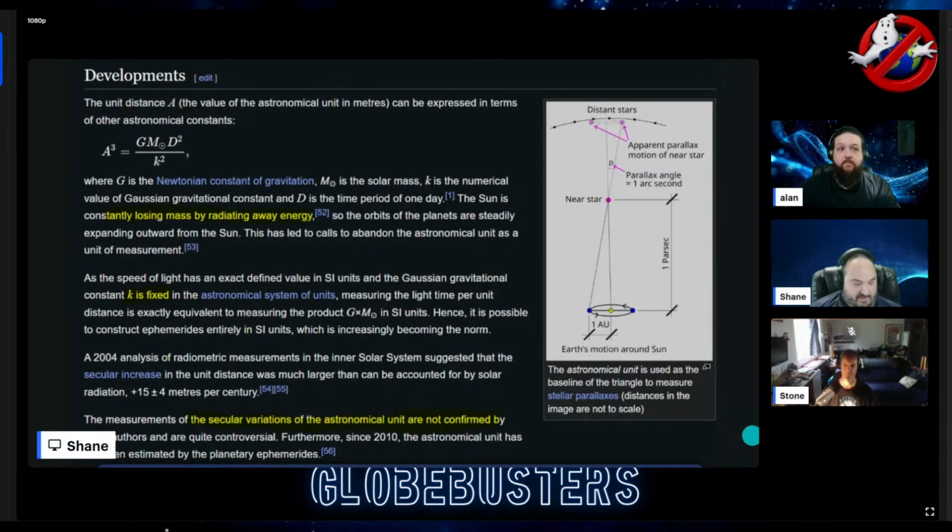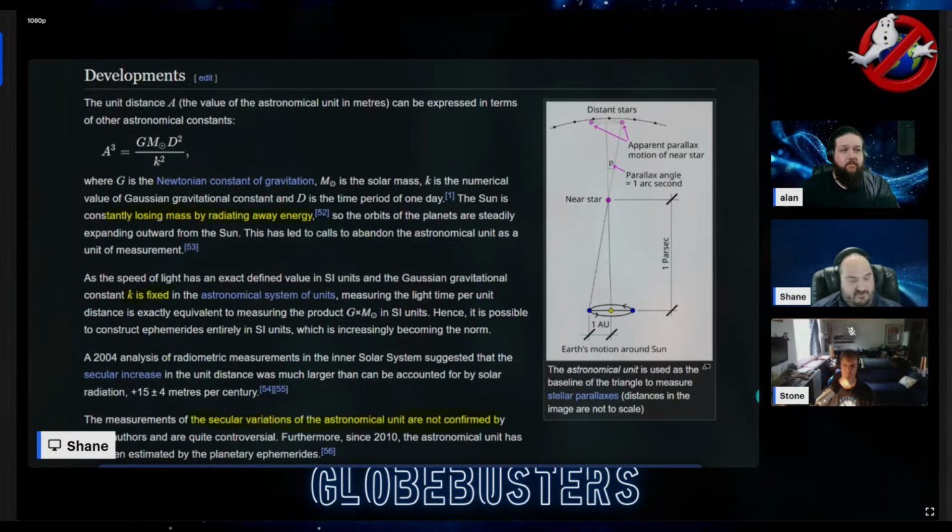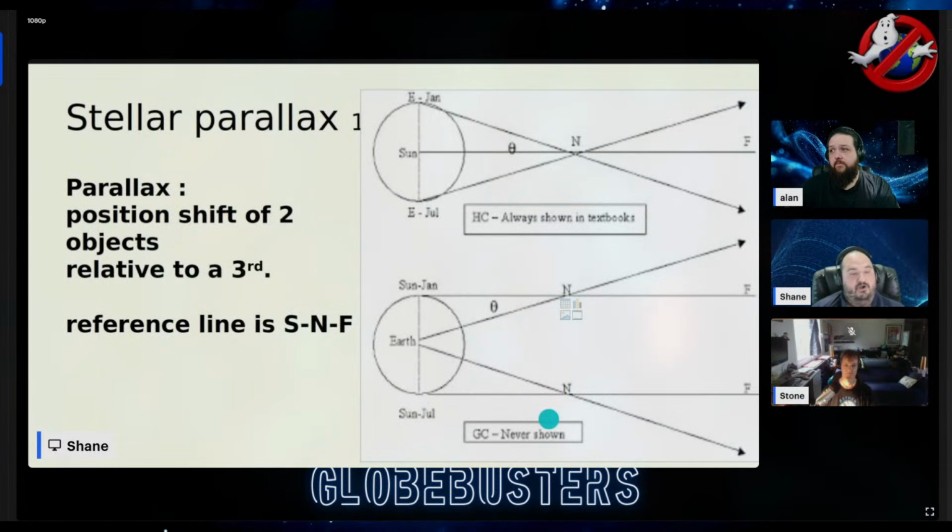Yep. Another layer of the lore they try to get you with. So going back to the parsec and stellar parallax angles to begin with, right? We always go over how to calculate them, but shout out to our boy Cassander, who showed us that from a geocentric point of view, with stars that move around you, parallax angles are calculated exactly the same. This is in no way proof of Earth's motion around the sun.